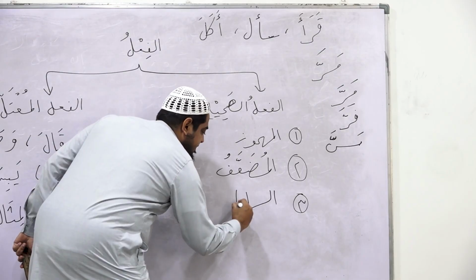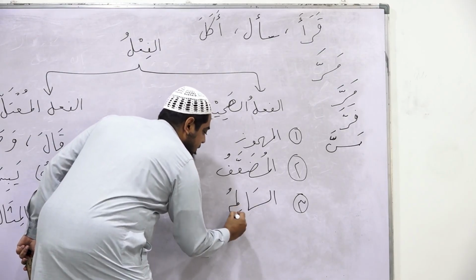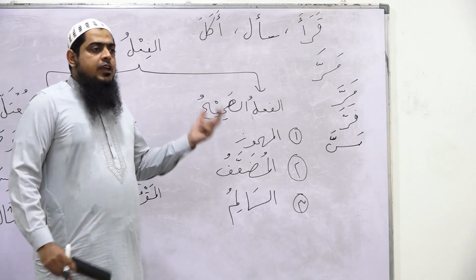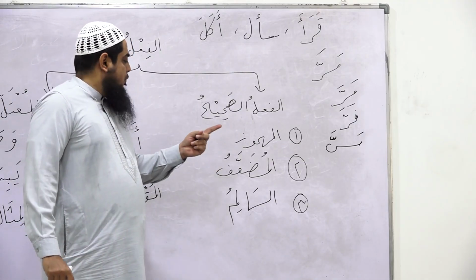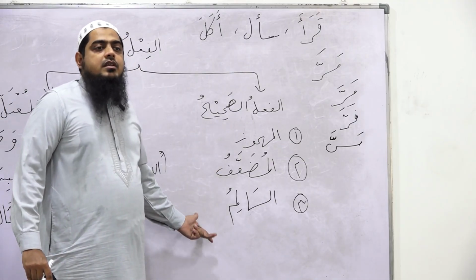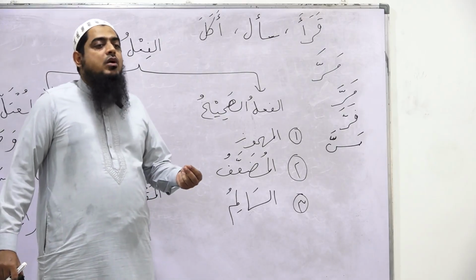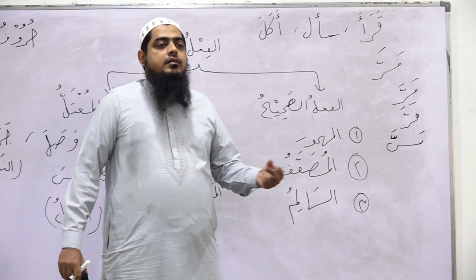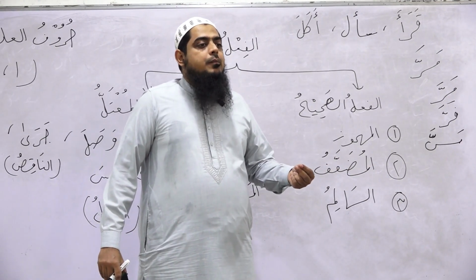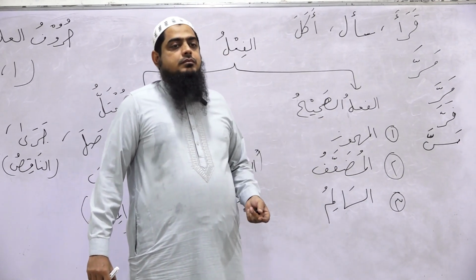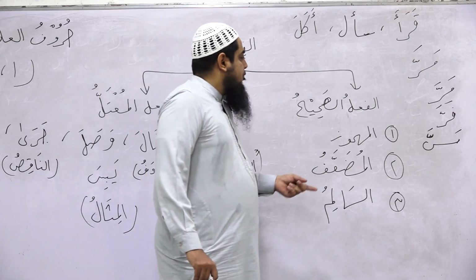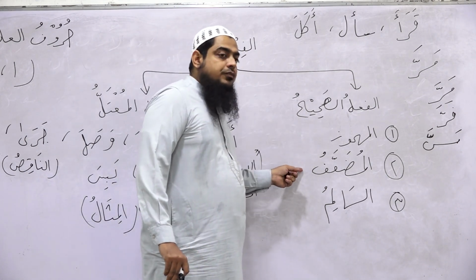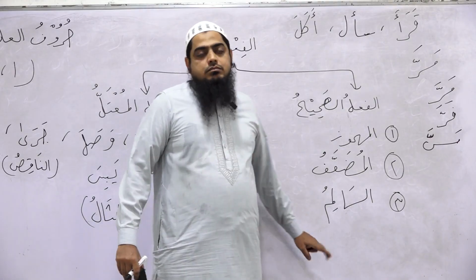The third category here is al-fi'l as-salim. What's the meaning of salim? A fi'l which is not mahmuz and not mudha'af is salim. Jalasa, what is that? Salim. Daraba, salim. Qatala, salim. So if the fi'l sahih is not mahmuz and not mudha'af, then it is salim.